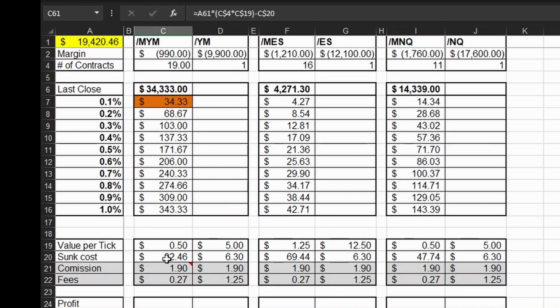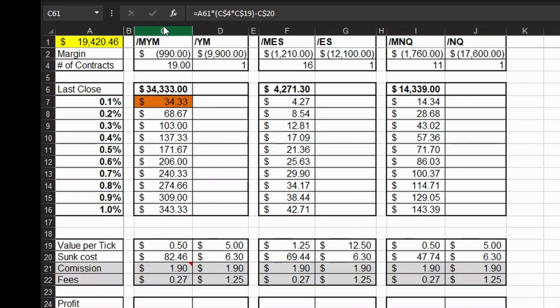This is just one example, if your goal was to exit at 0.1%. Anyway, I hope that little exercise is very helpful for you to understand what each contract costs as far as margin costs, the commissions, and the fees itself, and how this affects your net profit after commissions and fees.